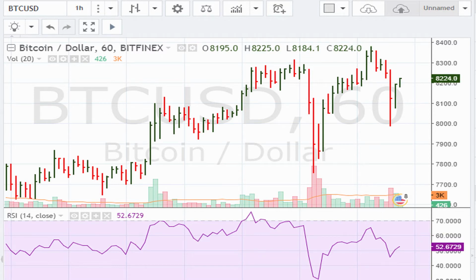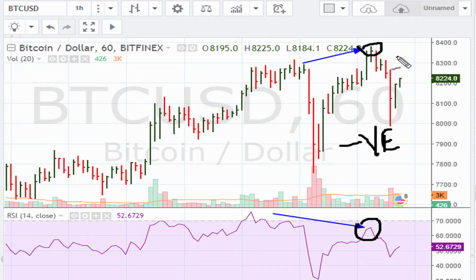Don't forget, on the hourly, just like we see on the daily, we had also formed negative divergence where we made an improvement to new highs, but the technicals did not make a new high. So that negative divergence is also the reason why we see this pullback hour to hour.